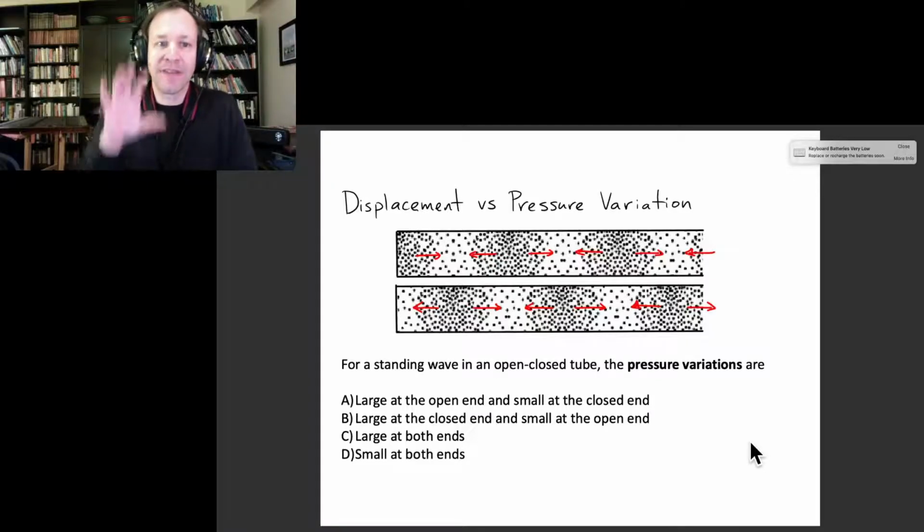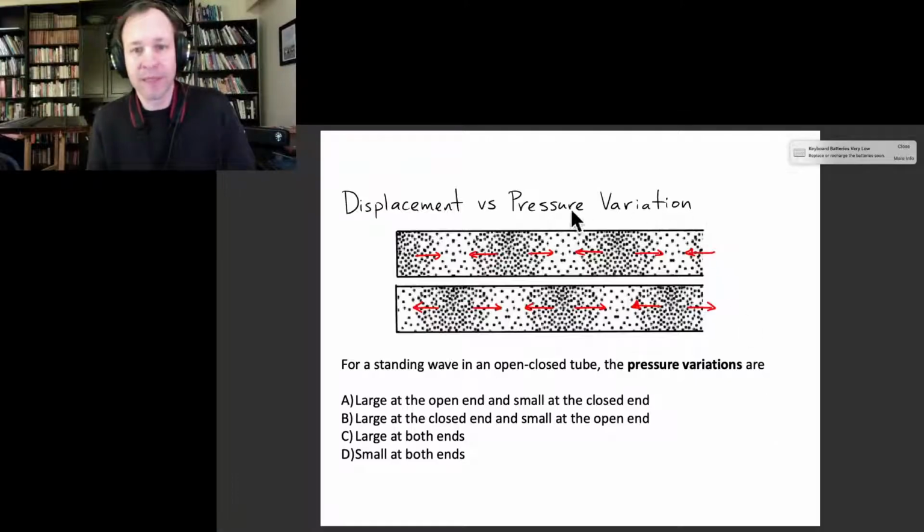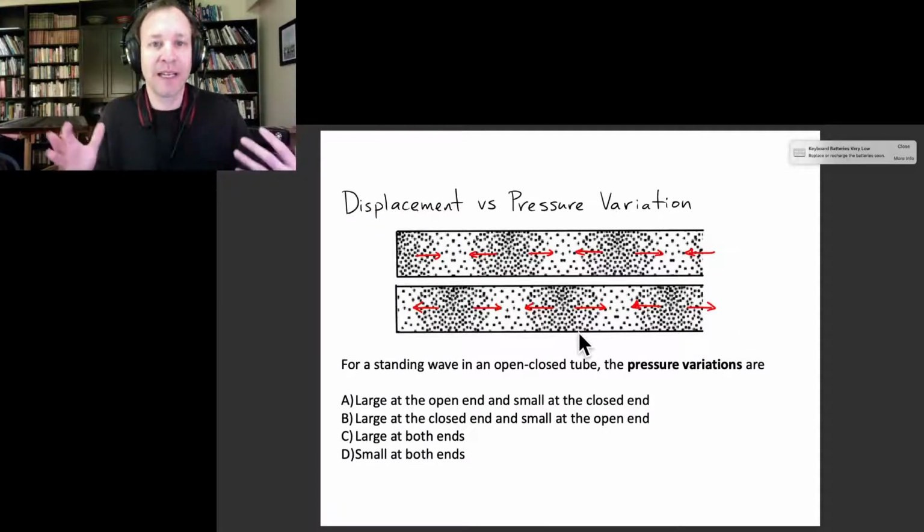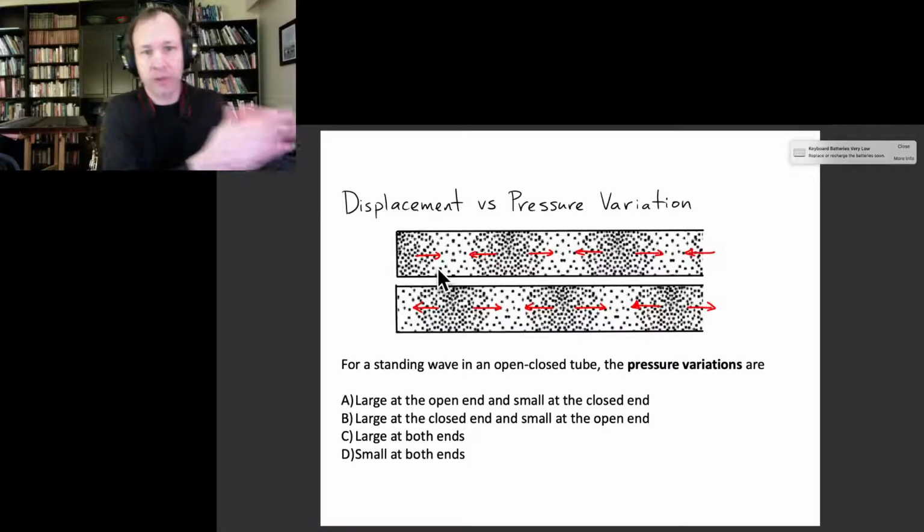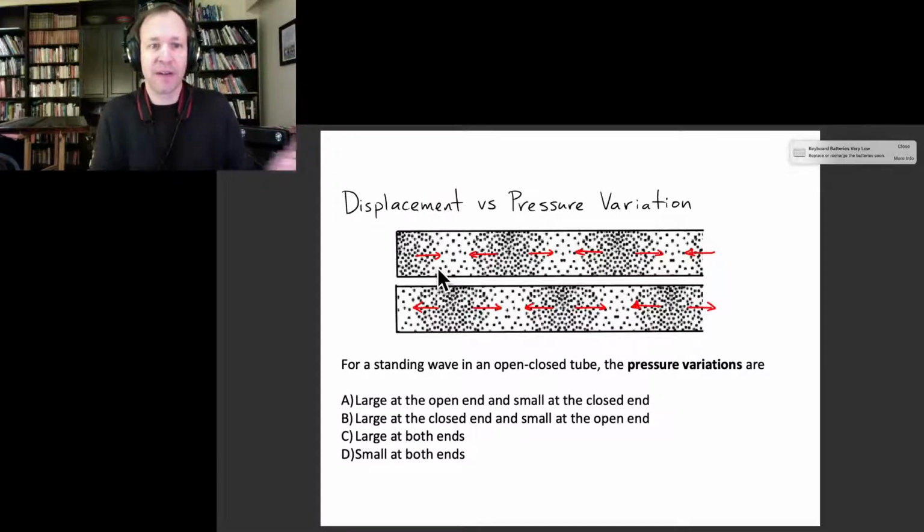The question is, if I have an open closed tube, like the ones I've drawn here, and if I have a standing wave in the open closed tube, so that's basically what I've pictured, and the red arrows show the displacement of air, sort of the motion of the air molecules, and the black dots are sort of representing the air molecules.